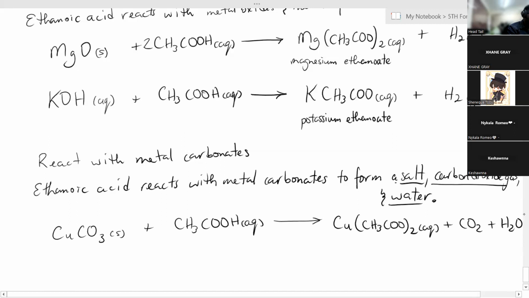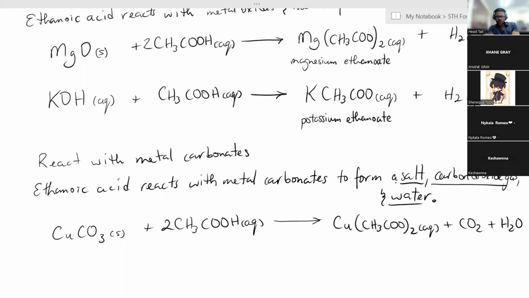All right, so that 2 in front here should balance the equation as well. I think that should do it. Let me check that carefully. Yeah, good. So that balances the equation.